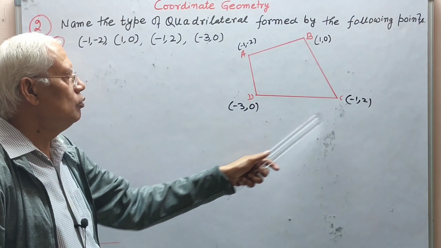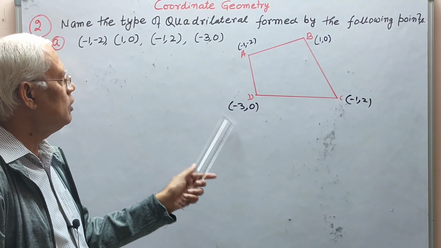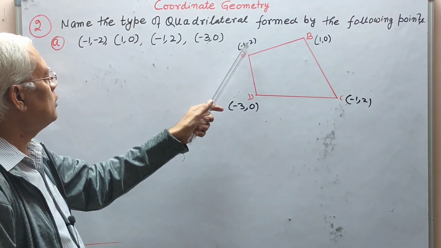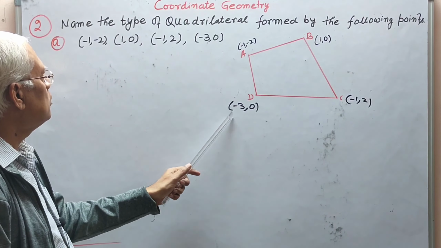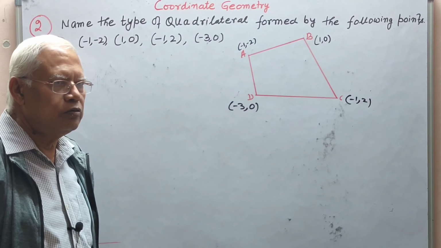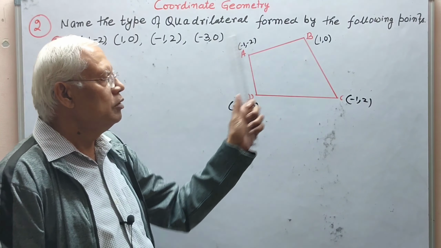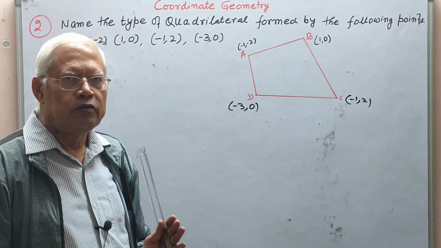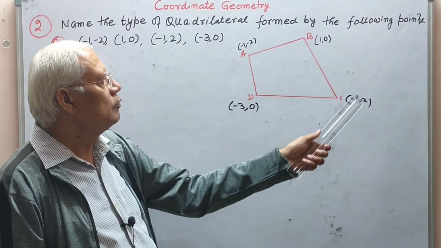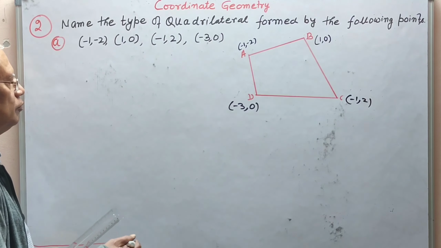Either you should go clockwise or you can go anti-clockwise also, meaning (-1, -2) you can write here, (1, 0) here, (-1, 2) here and (-3, 0) here. So while writing the vertices of a quadrilateral, you must follow a specific order, whether anti-clockwise or clockwise.